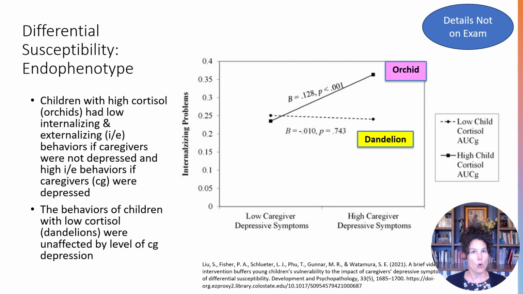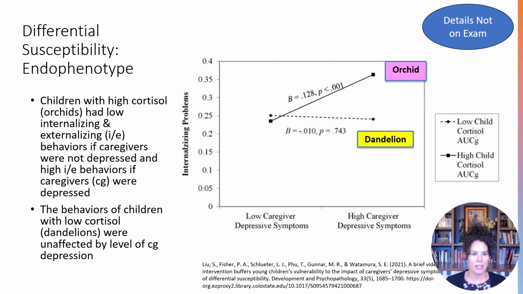And so essentially, high levels of cortisol is a key indicator of basically people being more like orchids, more reactive or sensitive to their environments. And so what we can see here is that if a caregiver had low amounts of depression, orchids and dandelions were about the same in terms of their internalizing behaviors. And so the orchids actually aren't doing a lot better, like we saw in some of the other graphs, and maybe this is because it's just an absence of a hard thing, not the presence of a really positive environment.